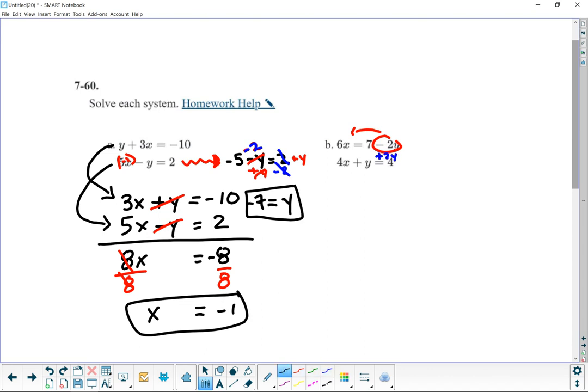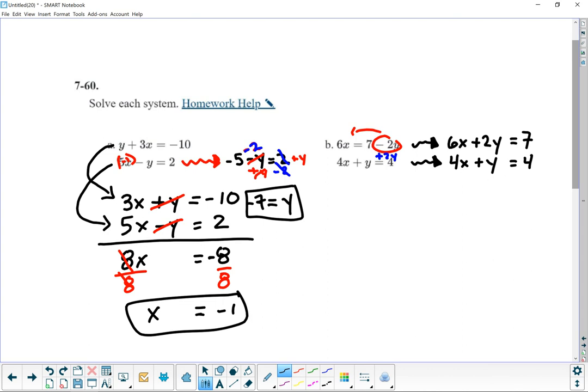So my new equation is going to be 6x, and if I add 2y, I'll get positive 2y, and that's going to equal 7, because 7 will be left over. The bottom equation is okay, so I'm just going to copy that bottom equation. 4x plus y equals 4.